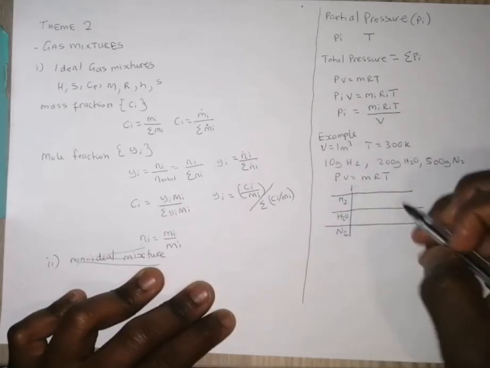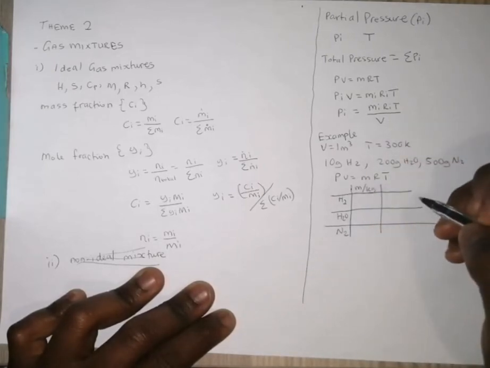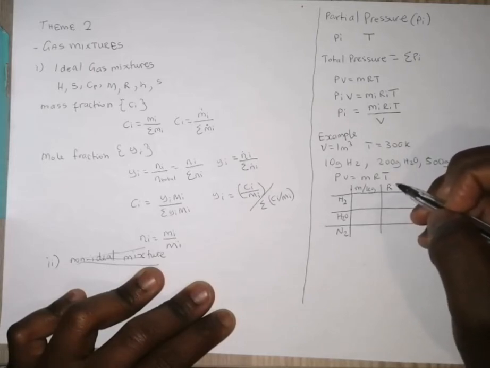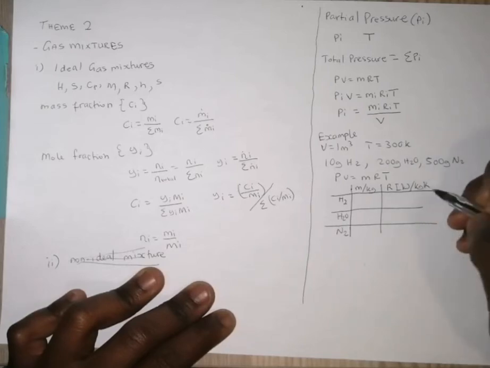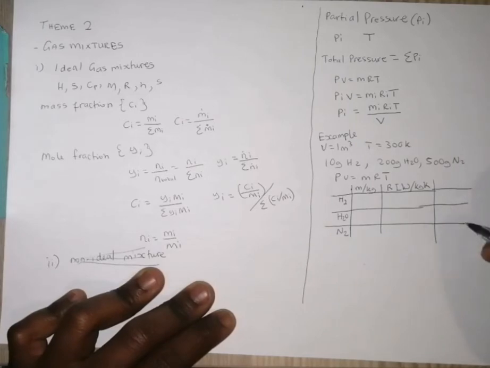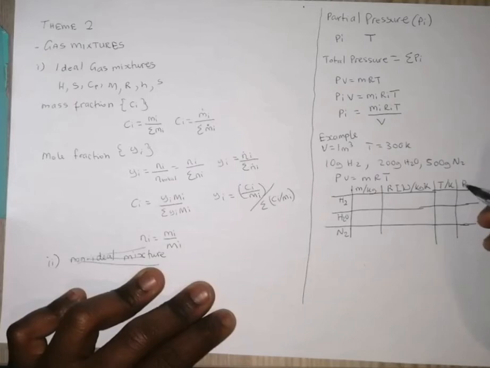In the next column, we're going to have mass in kgs, and then R in kilojoules per kg Kelvin. This is just a rough table, so don't worry about it. Then we're going to have the temperature in Kelvin, and finally the pressure in kilopascal.